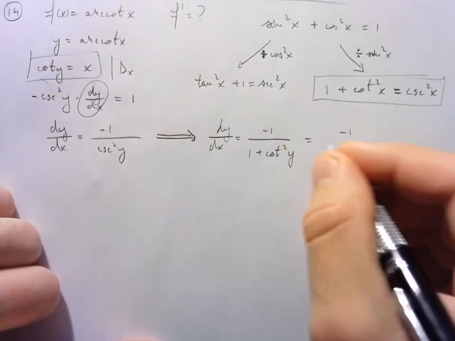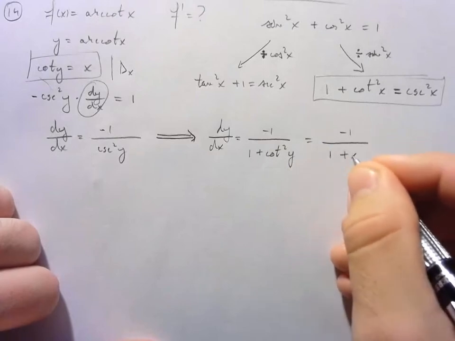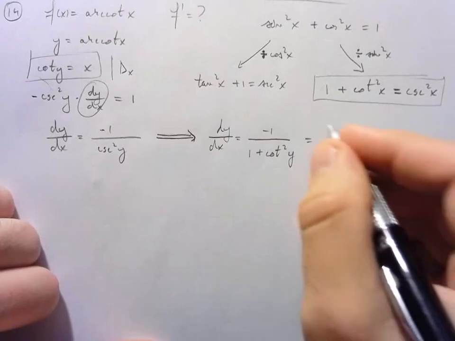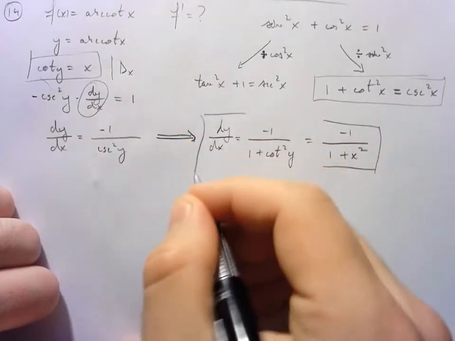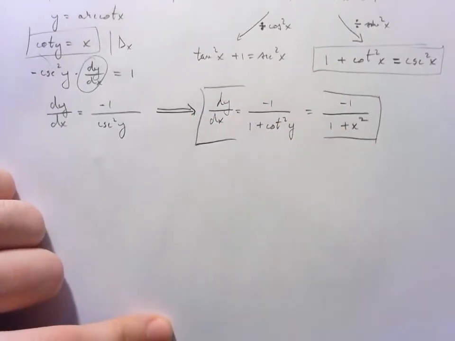So this is minus 1 over 1 plus x squared, and that's the derivative of arc cotangent, negative 1 over 1 plus x squared.